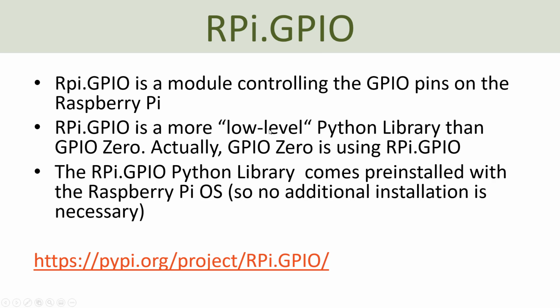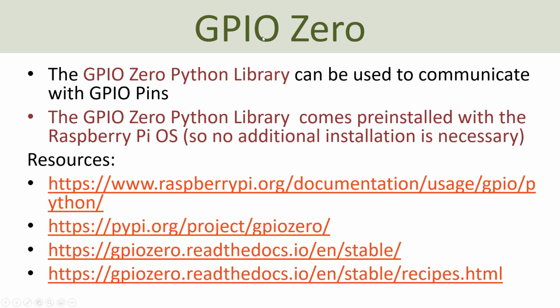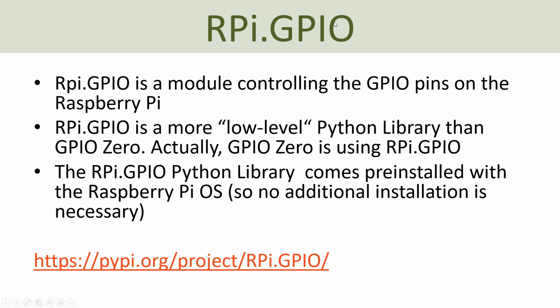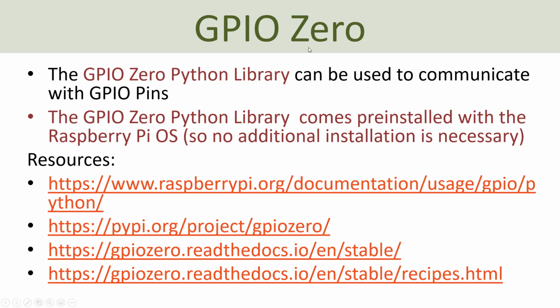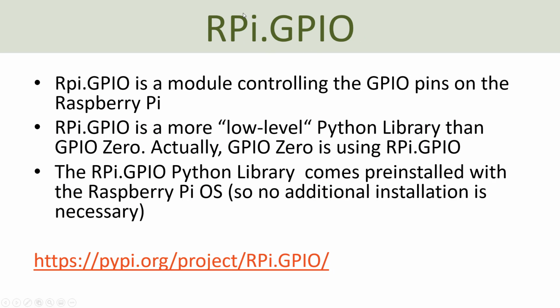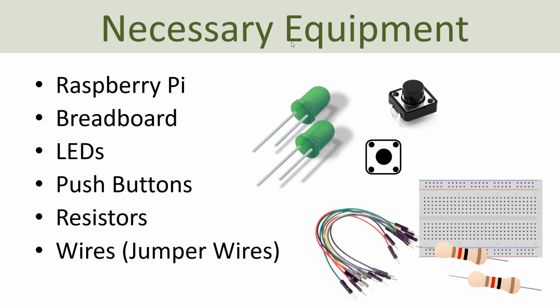This library is more low-level than GPIO Zero. Actually, this library is using GPIO Zero on the back end. We will see how we can use these libraries to control and read values from the pins on the Raspberry Pi device.